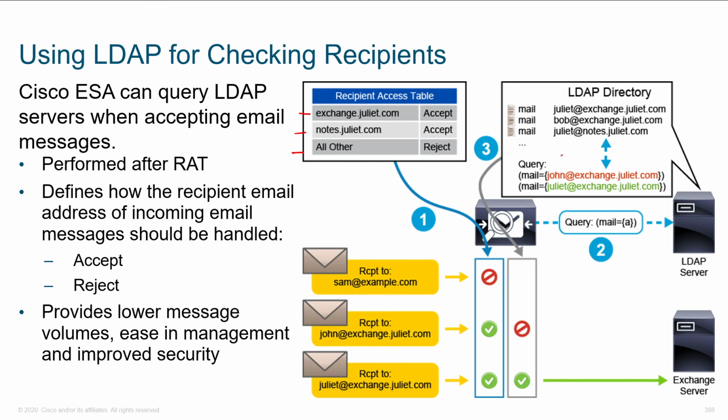And then what we're basically doing is querying, and we're saying, hey, does Juliet live here? And they say, Juliet, yes. John, no. That's it, right? So just querying the backend server to make sure that the email that's coming in is intended for a specific recipient. Just want to make sure that that recipient's actually valid.